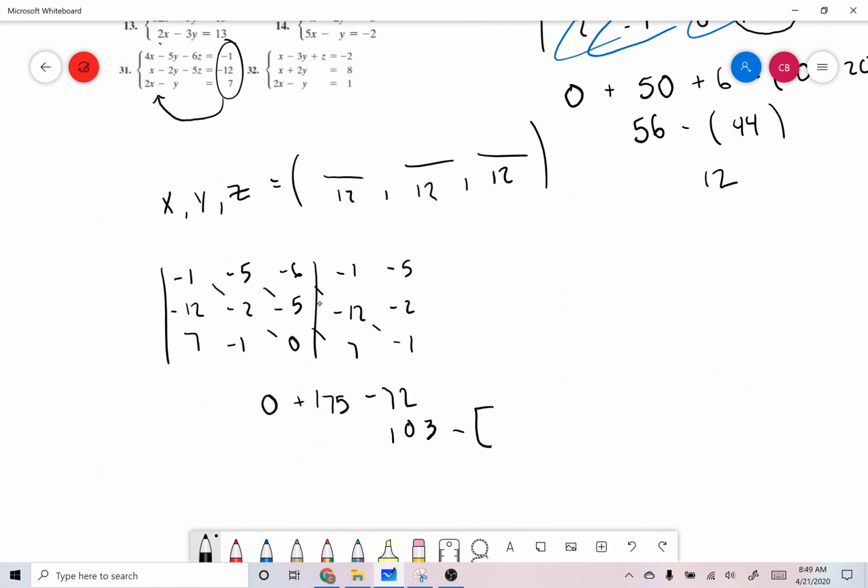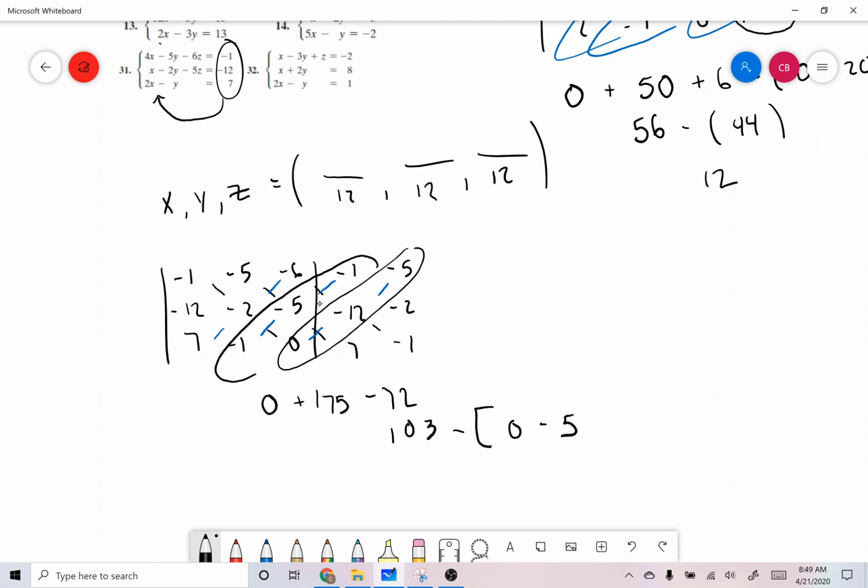Minus, we're going backwards now. We're doing these ones. 0. So this one going this way is 0. These ones, that's negative, negative, negative, that's negative. 5 times 1 is 5.